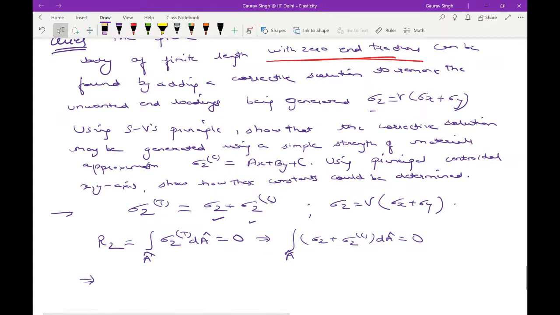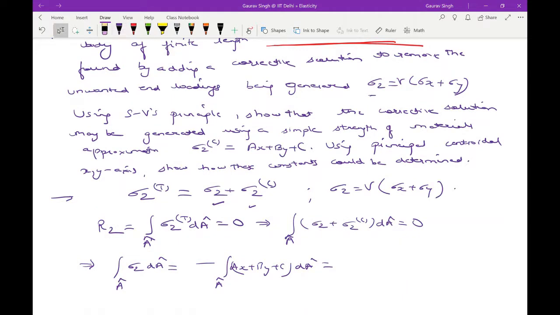This implies that the integral of sigma z dA hat is equal to minus the integral of ax plus by plus c dA dash, which is equal to minus c A hat for principal axis.